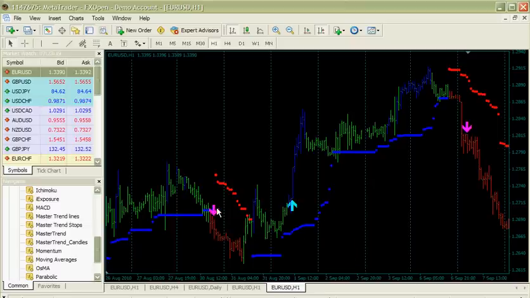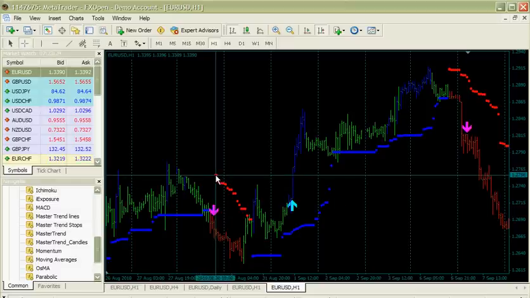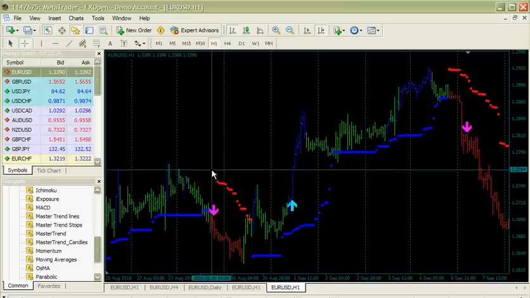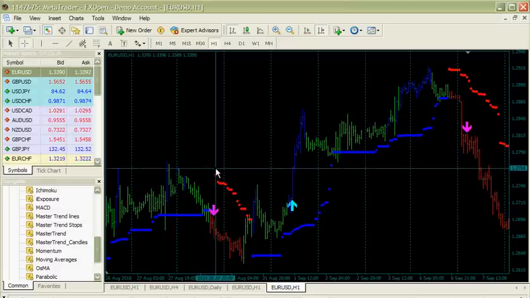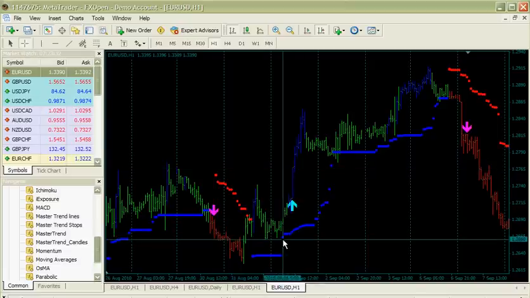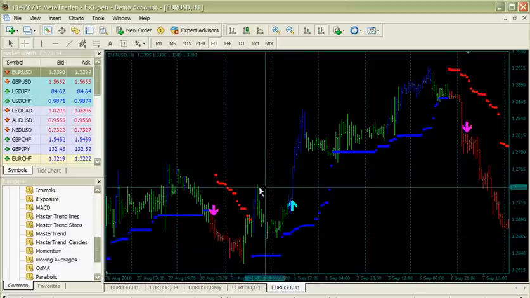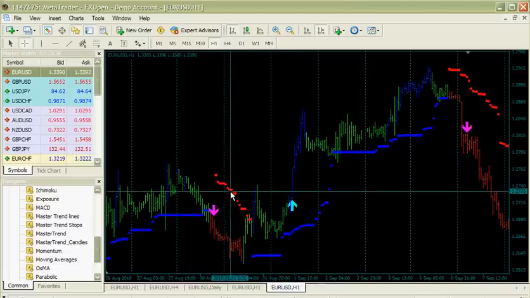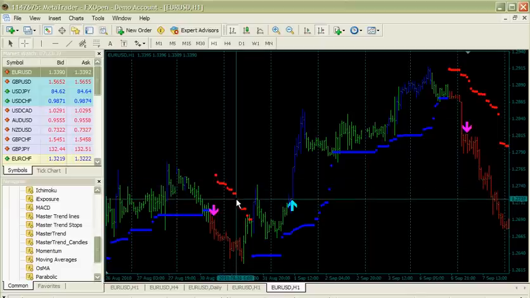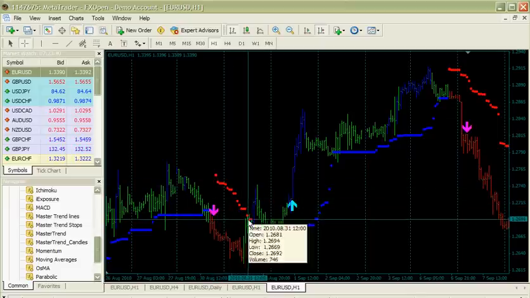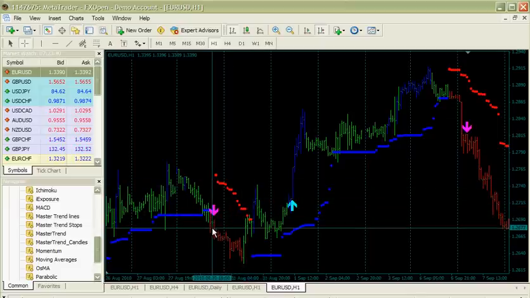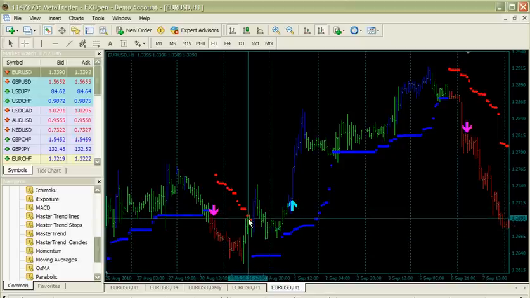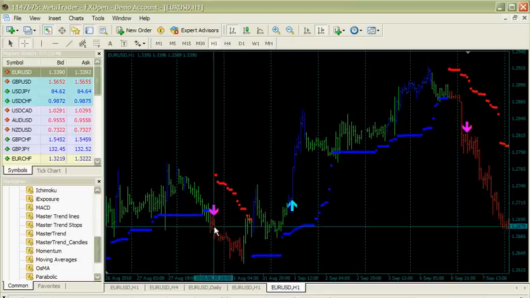If it's a sell signal, you have to have a red dot above it, and you put your stop loss right above the red dot, about 10 pips above the red dots, and 10 pips below the blue dot, and you move your stop as you go. As the trade develops, you move your stop loss. Either you exit by meeting your target of 100 pips, or if you'd like to exit earlier, that's your choice.